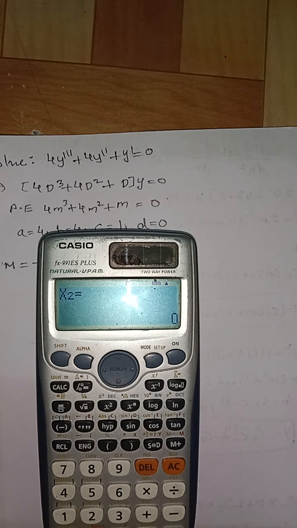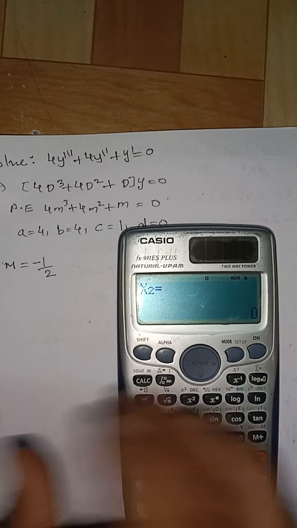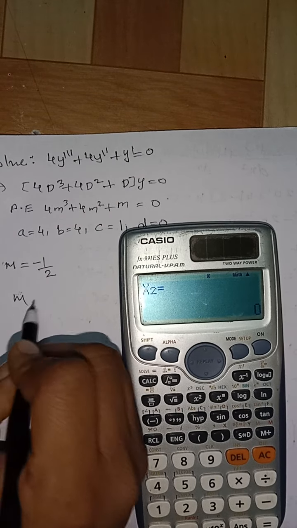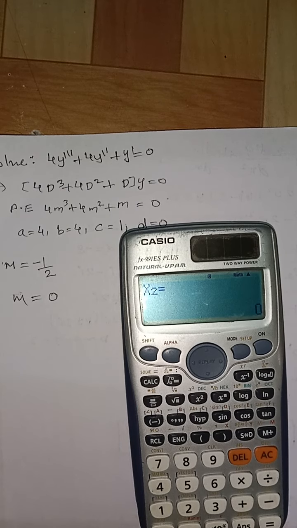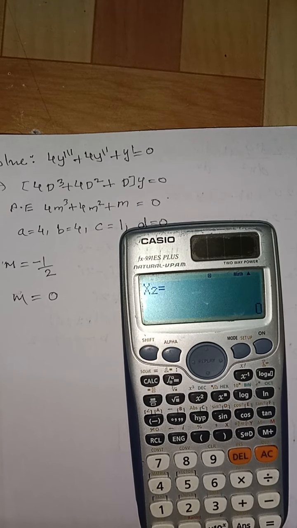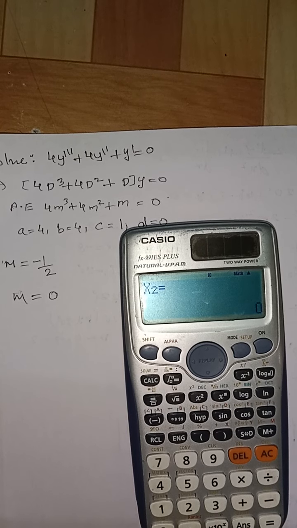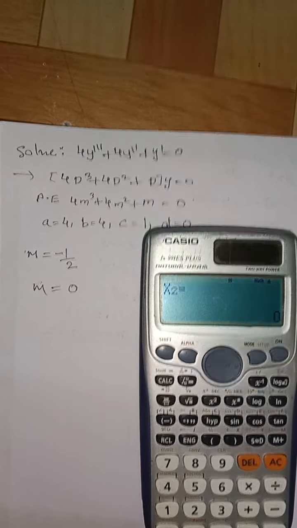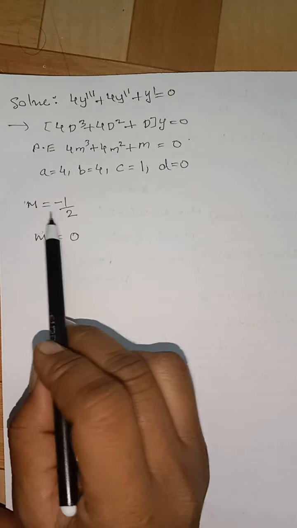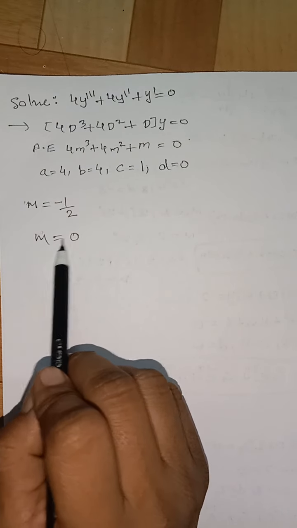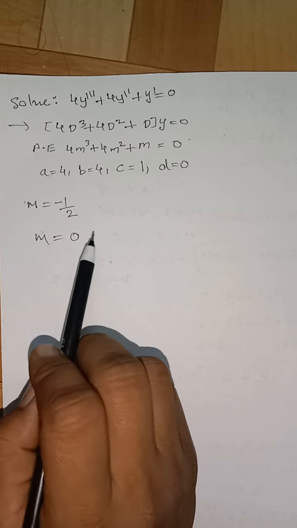It is showing another root as 0. So in calci it is showing the roots as minus 1 by 2 and 0. So among these, which is repeated?